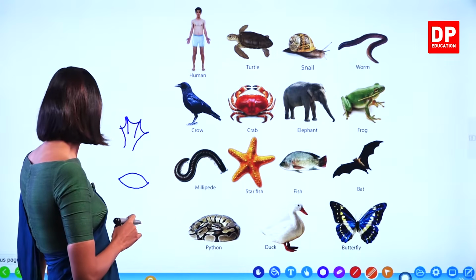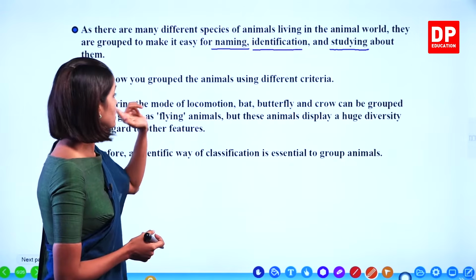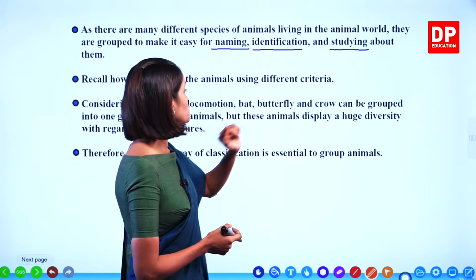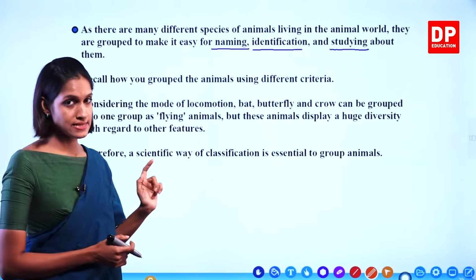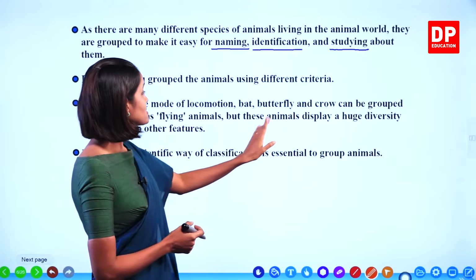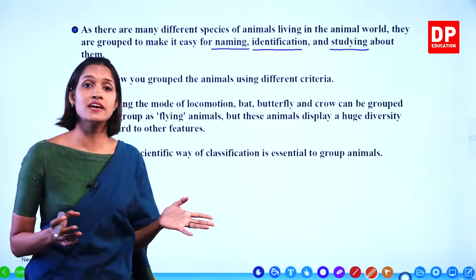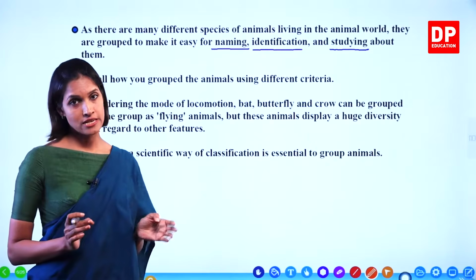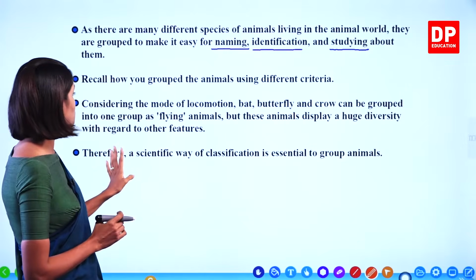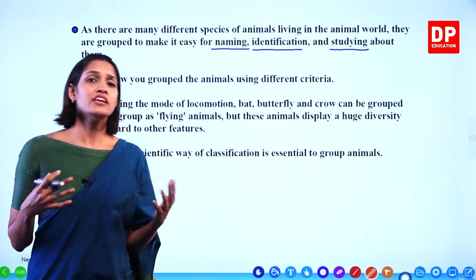Okay, children. So we will go to this again. Considering the mode of locomotion, bat, butterfly and crow can be grouped into one group as flying animals. But these animals display a huge diversity with regard to other features. As I mentioned, when you consider the other features, they're totally different. Okay? Therefore, what can you tell about this classification that we did before?